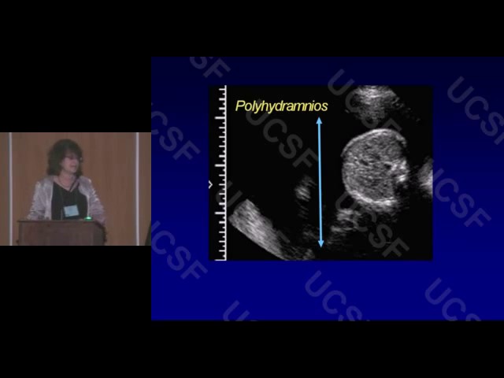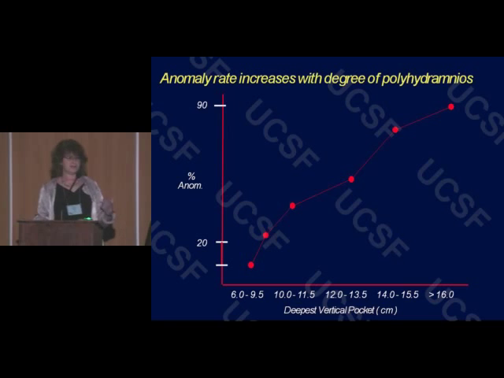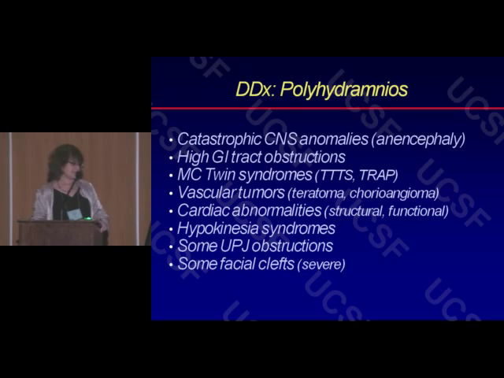So here's an example. Even without numbers, we can see that this fetal abdomen does not fill the uterine cavity front to back. This we know is polyhydramnios. We can use the measurement to communicate the degree. This chart is to show you what I mentioned about the extremes being associated with worse outcomes, and as the pocket diameter goes up to the right, so does the risk of fetal anomalies.